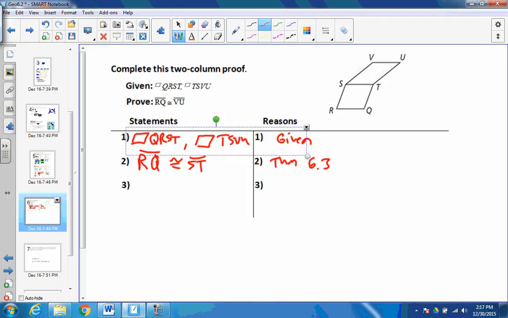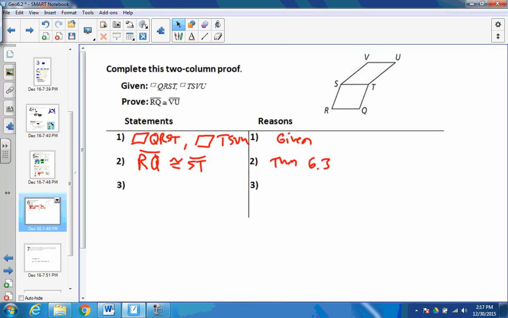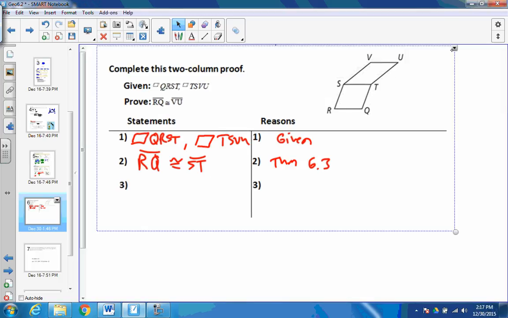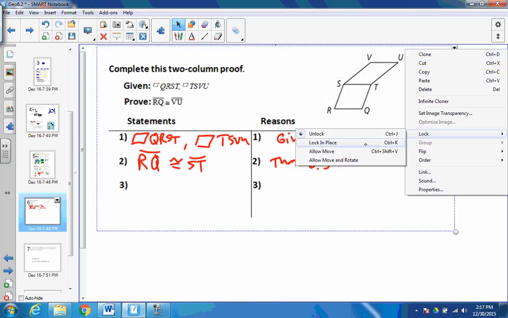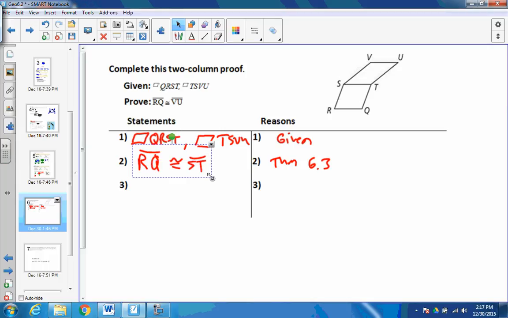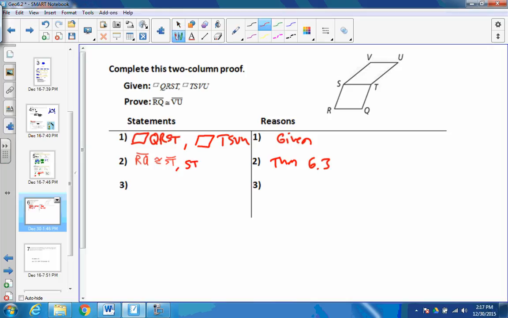We can also then say that ST is congruent to VU. And that is because of the same theorem. Opposite sides of a parallelogram are congruent.